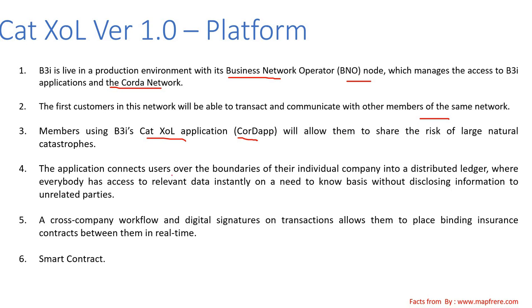The application connects users across the boundaries of individual companies into a distributed ledger where everybody has instant access to the relevant data without disclosing information to unrelated parties. It's truly a cross-company workflow, with digital signature of transactions that allows them to place and build the insurance contract between them in real time.